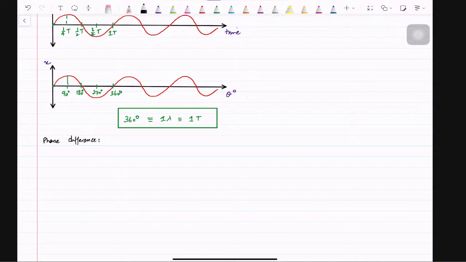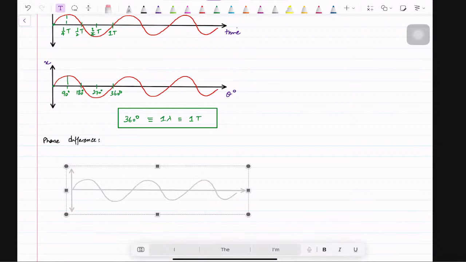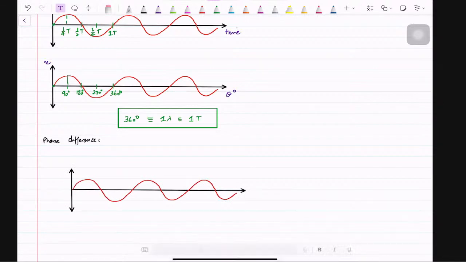So let's try and put a wave like this again. Now suppose this wave has displacement here and theta in degrees.